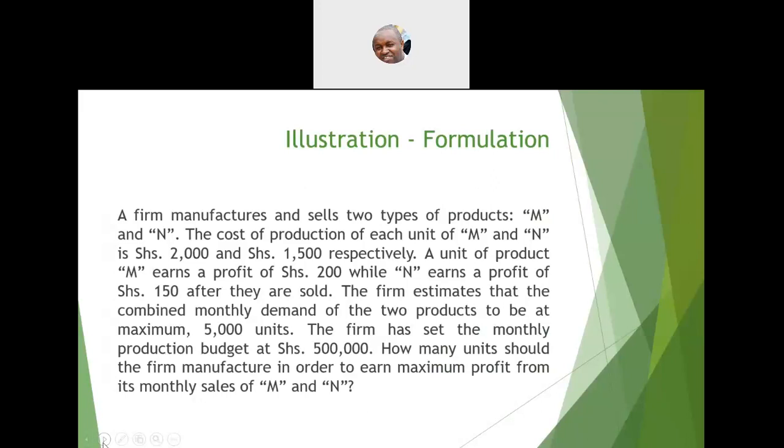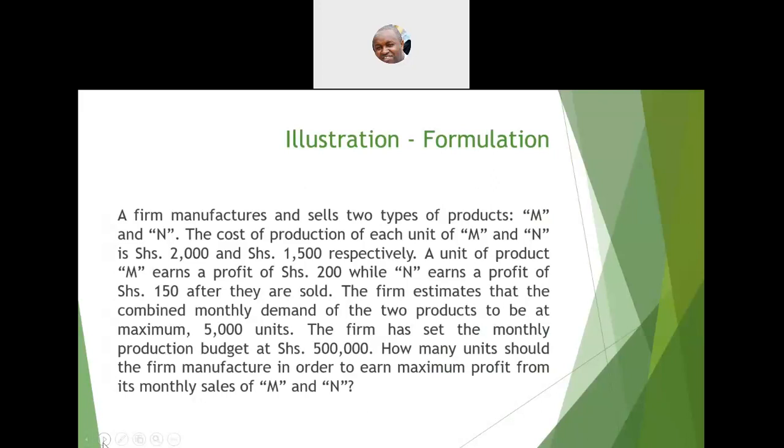The firm has set the monthly production budget at shillings 500,000. How many units should the firm manufacture in order to earn maximum profit from the monthly sales of the two products? Now, clearly, this is a maximization problem.